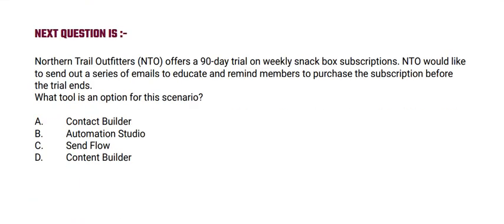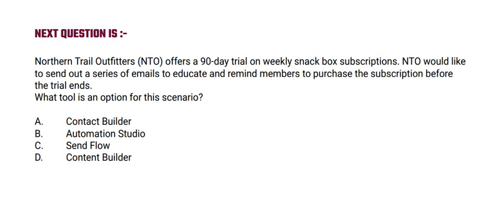Next question is: Northern Trail Outfitters (NTO) offers a 90-day trial on weekly snack box subscriptions. NTO would like to send out a series of emails to educate and remind members to purchase the subscription before the trial ends. What tool is an option for this scenario?